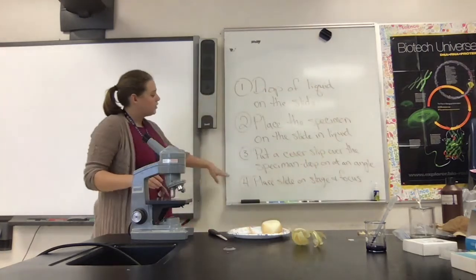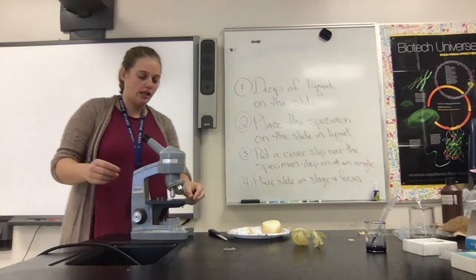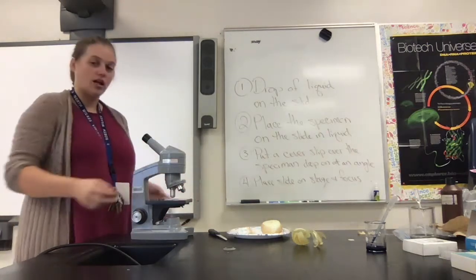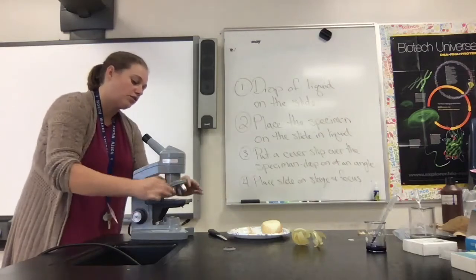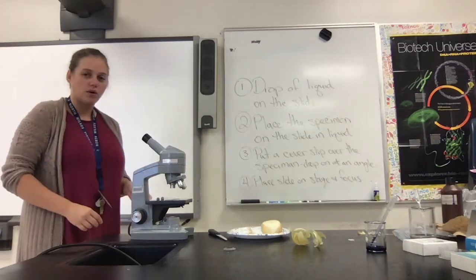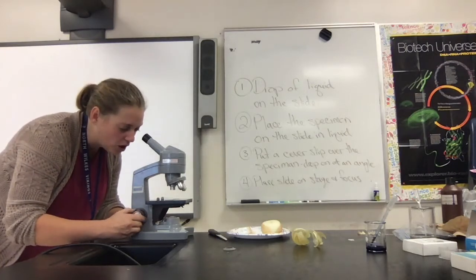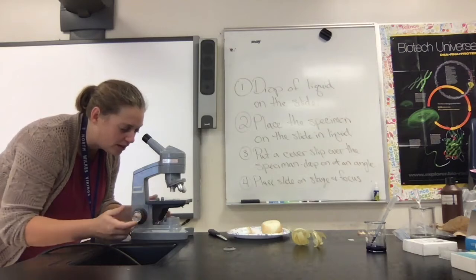The next thing I'm going to do is place the slide on the stage right here. Use my slide clips to prevent this from sliding around too quickly. And I'm going to focus this by starting on low power with the objective and the stage as far apart as I can get them. And as I look through this, I'm going to lower the objective toward the stage until I see detail.